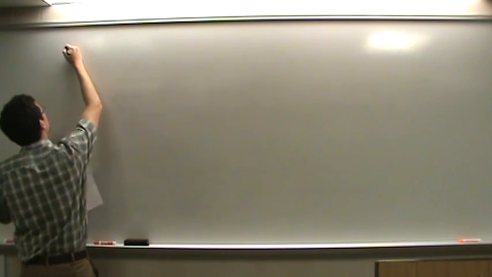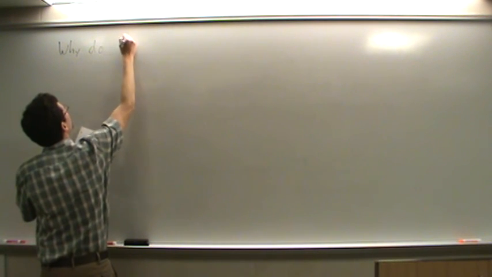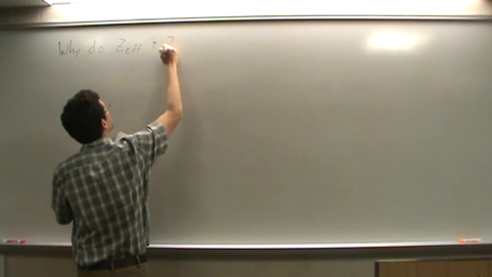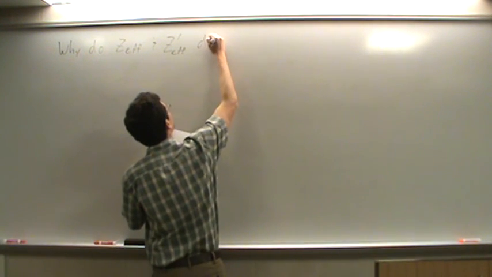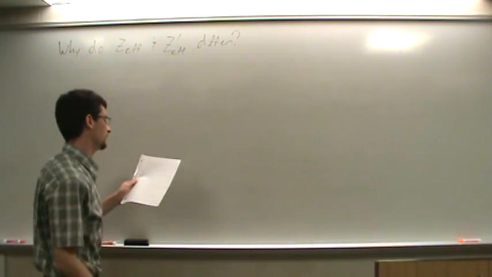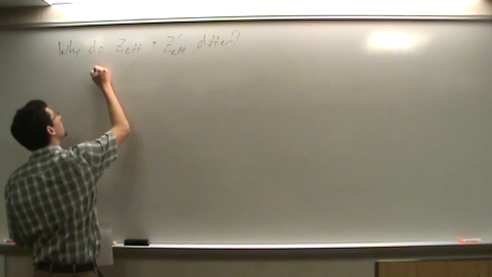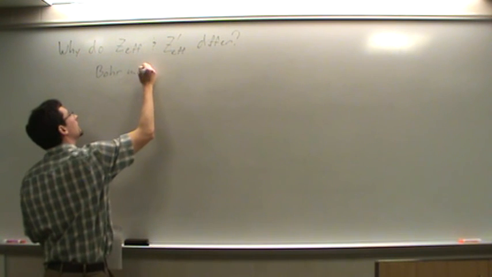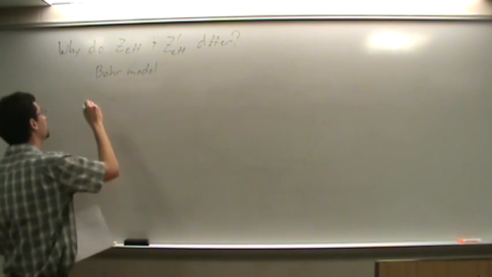So the reason why Z effective and Z effective prime differ, one of the main reasons, is that we're using the Bohr model.